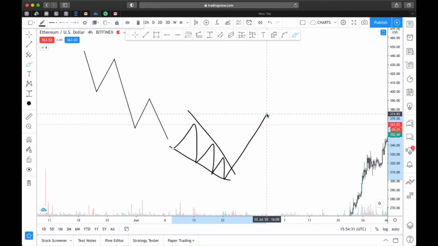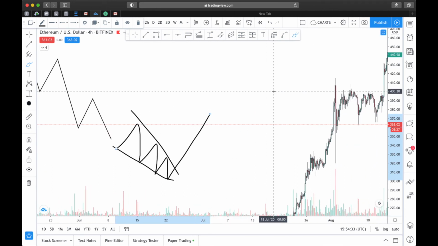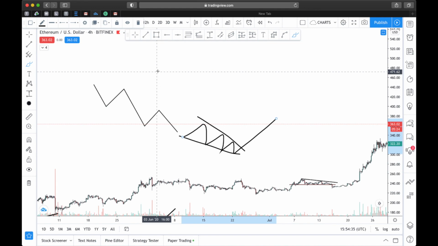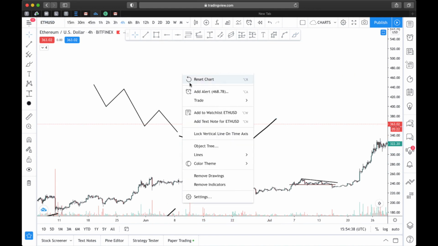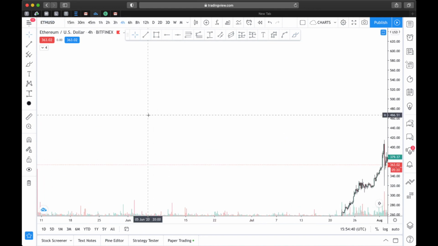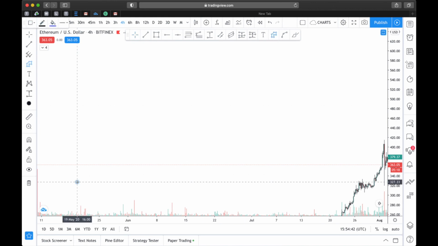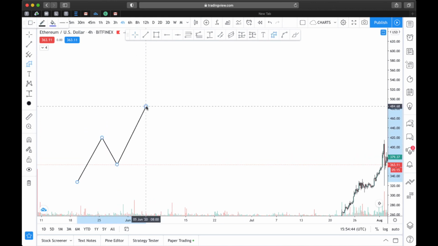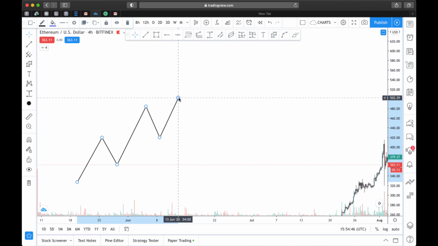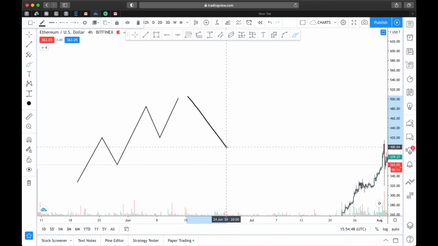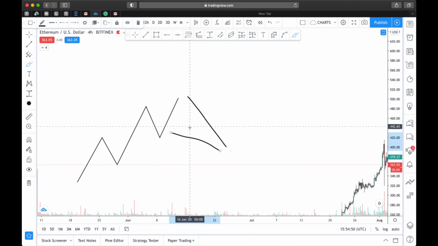But when you see it in an uptrend, it serves as a continuous pattern. So this is what it looks like in an uptrend. Let's say price has been going up for a while, and then you see a falling wedge. Around the side, you see a falling wedge that looks like this. When you see them in an uptrend, they signify what? Continuous pattern.